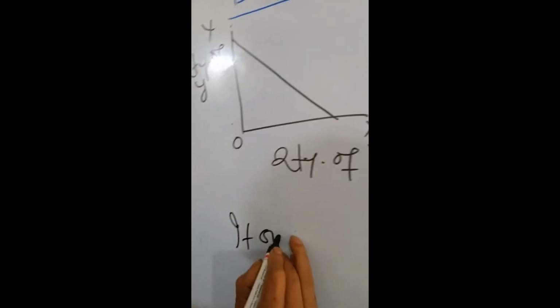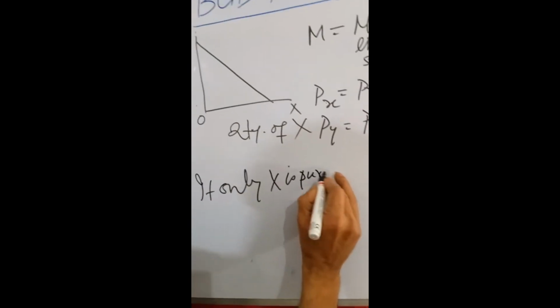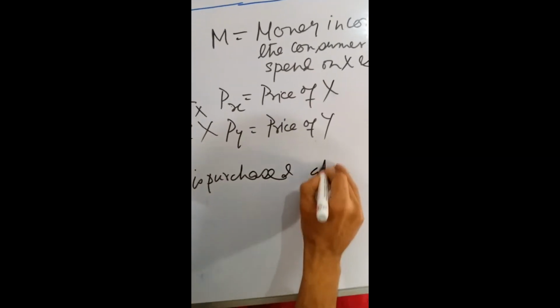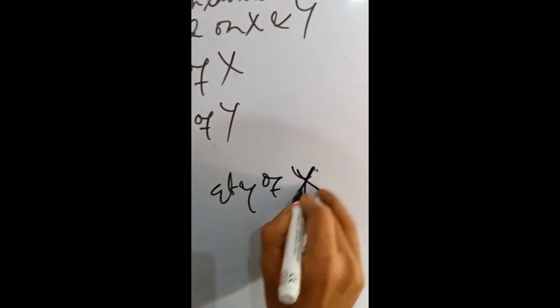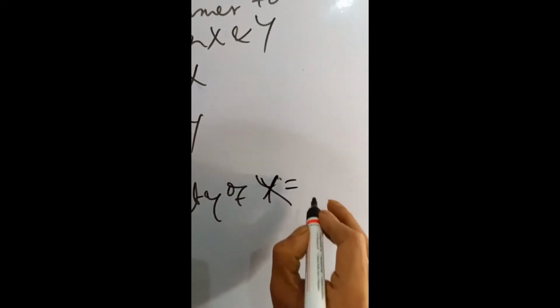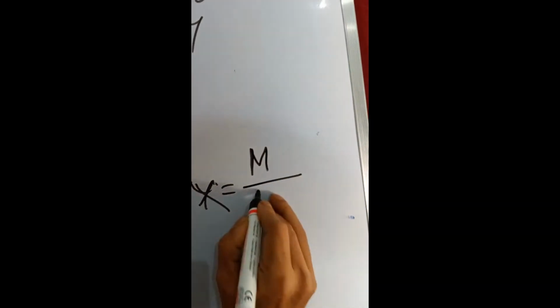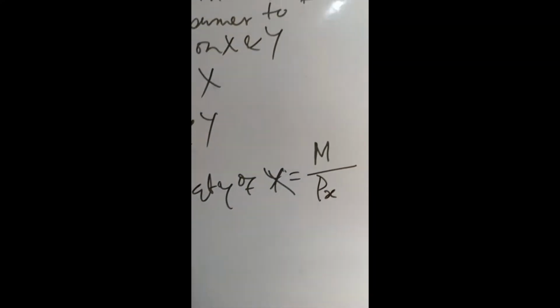If only X is purchased, quantity of X is equal to M, total money income, divided by price of X, M by Px.